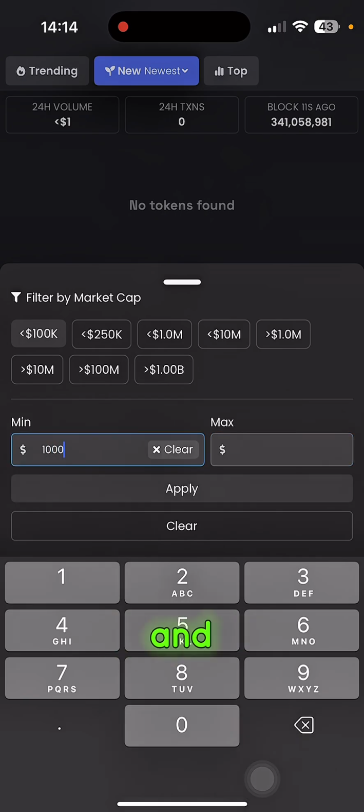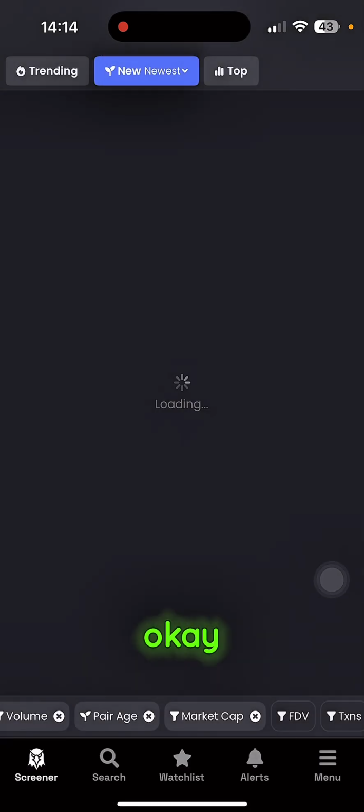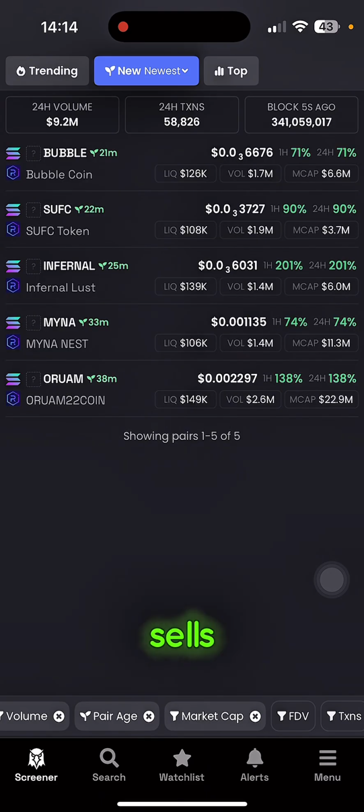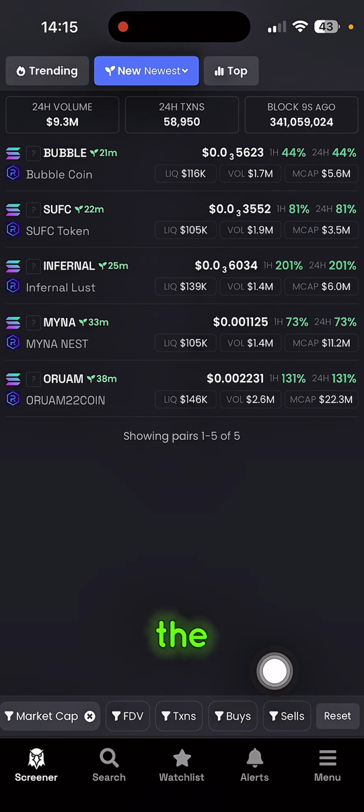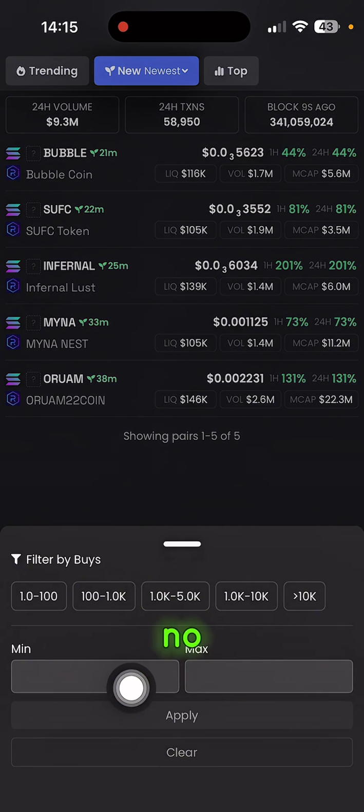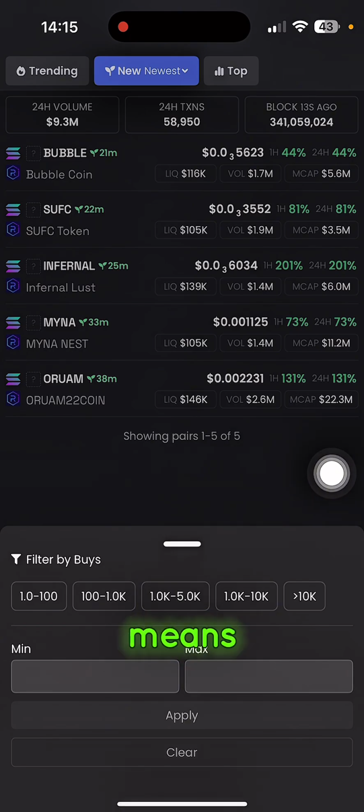Okay, and after then we have the last one, which is the buys and the sells. Okay, we need a buys and sells volume. That is probably very necessary because if the volume is there and there are no buys and sells happening in real time, that means the volume is probably fake.